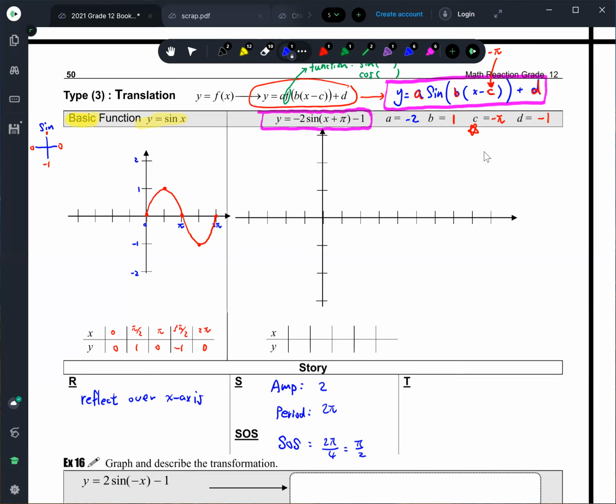So C is controlling the X values. And then D will be controlling the Y values. Now, since the C is negative pi, negative means moving to the left, right? Because C is either left or right, but if it's negative, it will move to the left. So go left by pi.